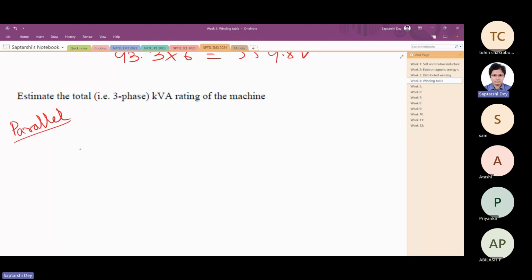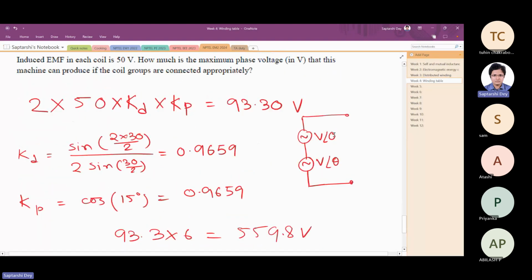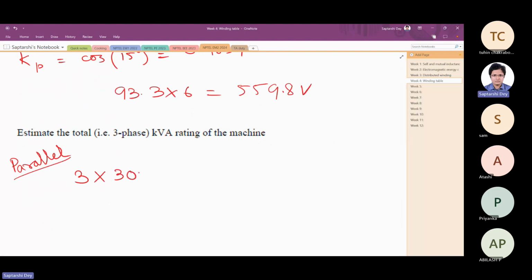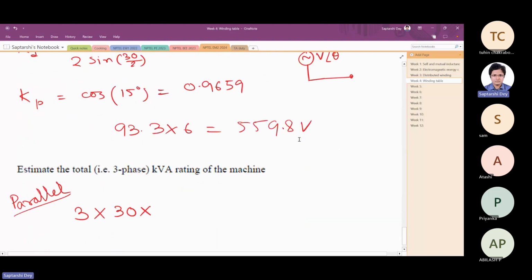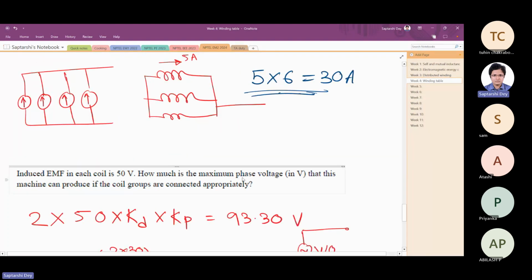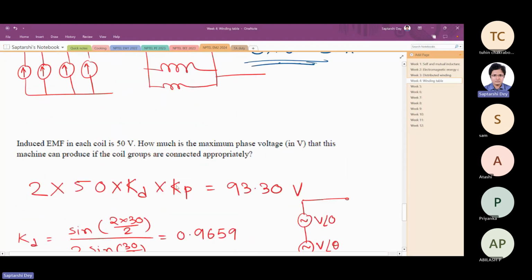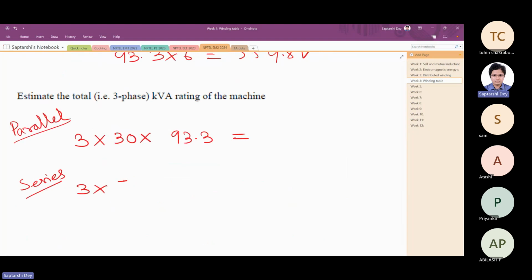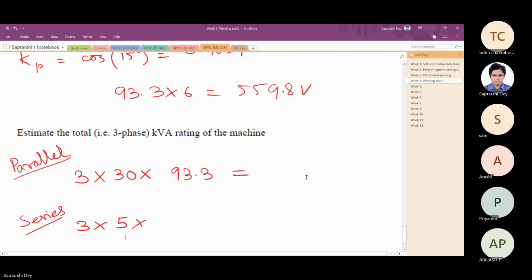So three-phase kVA, so 3 times for 3-phase. Parallel is the first one, when we had 30 ampere of current. Now you connect all the voltage sources in parallel, so voltage remains the same, 93.3. Or if they're in series, then current remains the same. All of them give you 5 ampere current, so current remains the same, but the voltage is this.